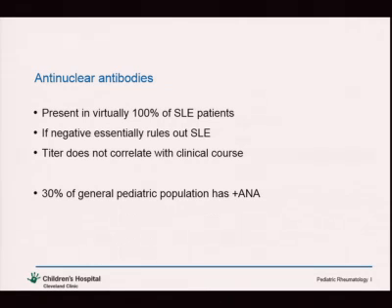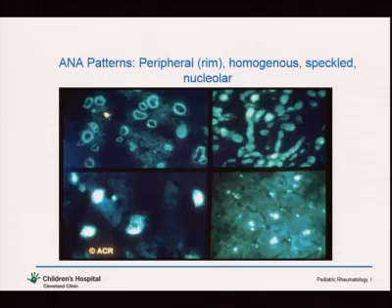And keep in mind that about 25% of people can have a positive ANA, and if the test isn't ordered for the right clinical reason, you can get thrown around by having these false positive results. The ANA test is done in different ways. The characteristic way is to have it done by an immunofluorescence assay.